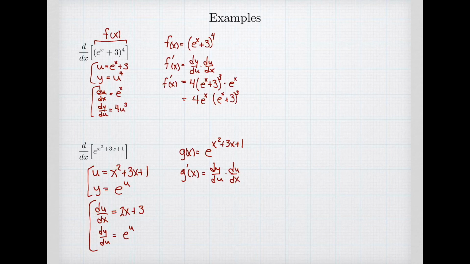In other words, my derivative is e to the u, so e to the same thing, x squared plus 3x plus 1, times the derivative of u, which is 2x plus 3. And this is the derivative of my second function. This is how I can use the derivative of an exponential and the derivative of a power in their general forms using the chain rule.